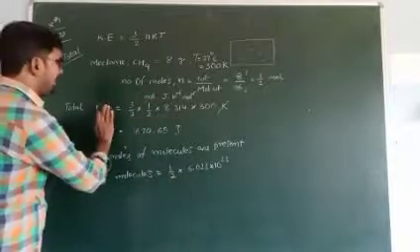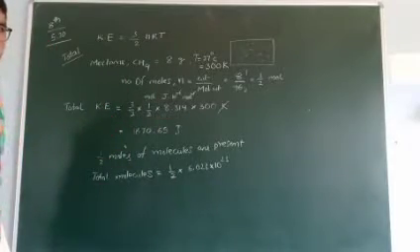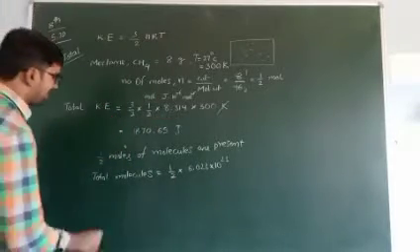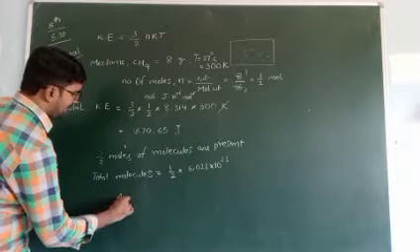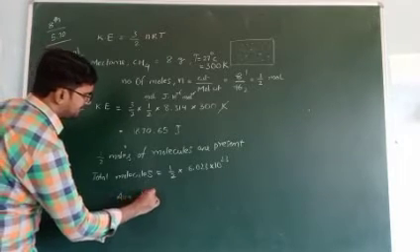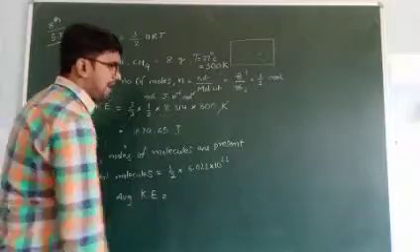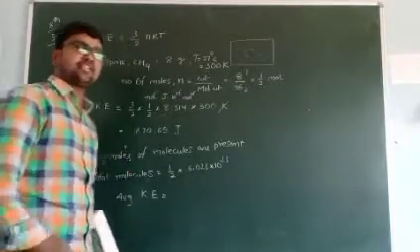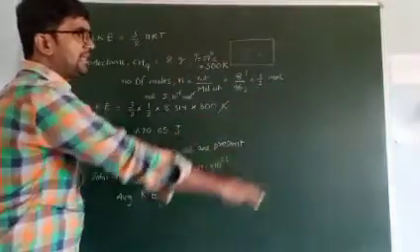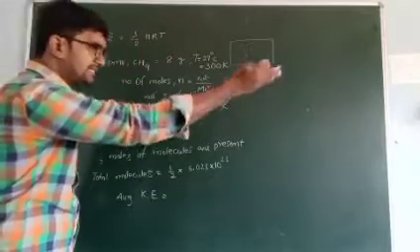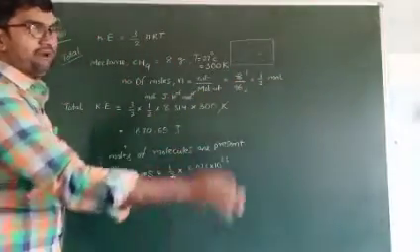And the total kinetic energy is also given. Now calculate the average kinetic energy. Average means take the total kinetic energy of the molecules divided by the total number of molecules.